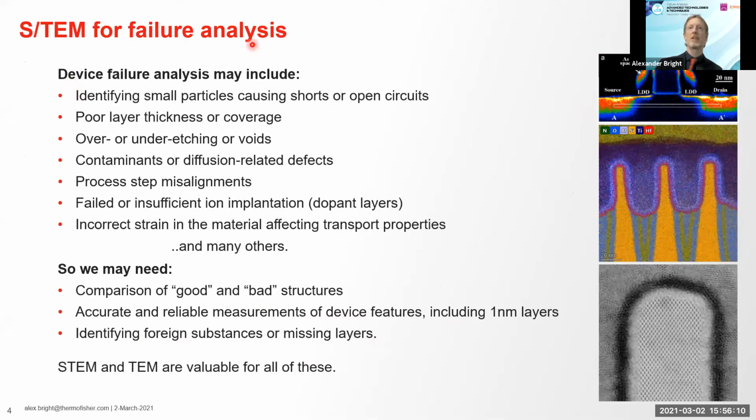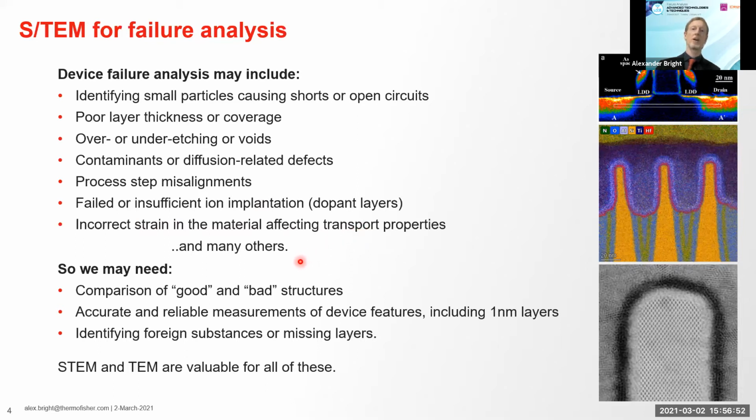So, STEM for failure analysis. What do we mean by failure analysis? Well, there are many different kinds of failure, as we've heard already, and I think the contribution of STEM can be in, for example, identifying small particles causing shorts or open circuits, poor layer coverage, problems with etching, the presence of voids, contamination or diffusion, misalignment of process steps, also problems with ion implantation, or problems with incorrect strain in the material affecting transport properties.